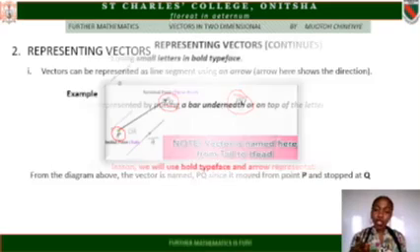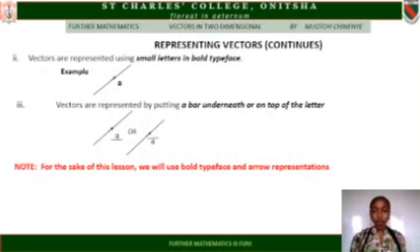Then we go to the representation of vector in a bold typeface. That means you thicken the letter. Example, vector A: for you to write vector, you don't just write A as an ordinary letter A. You thicken the font, and when you thicken it, it is represented in a bold typeface.